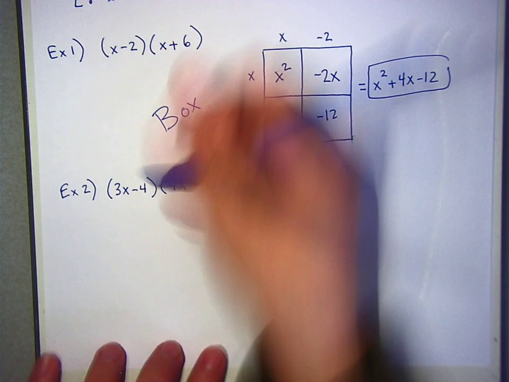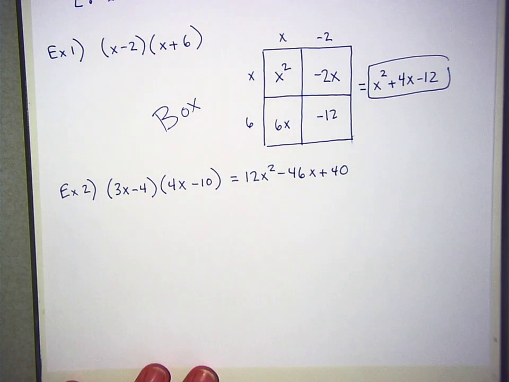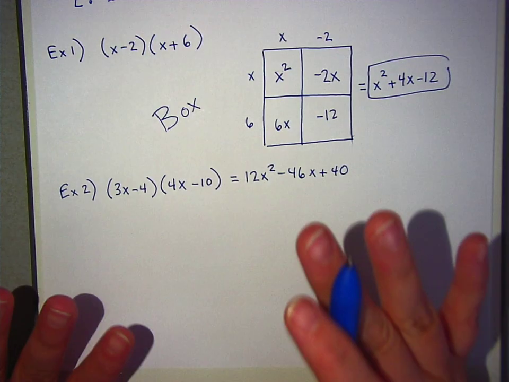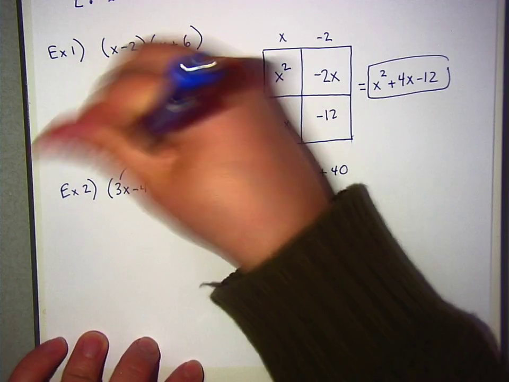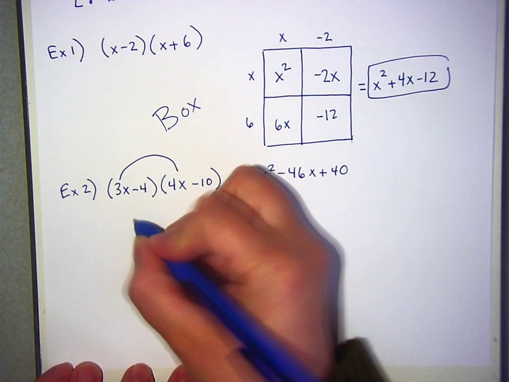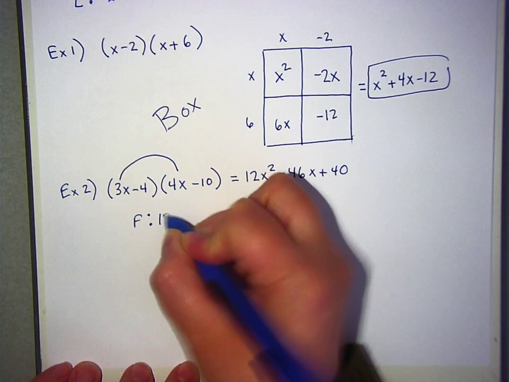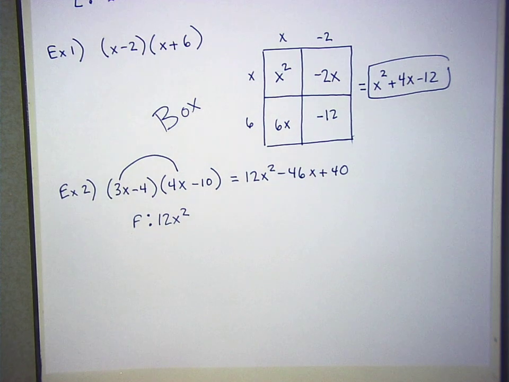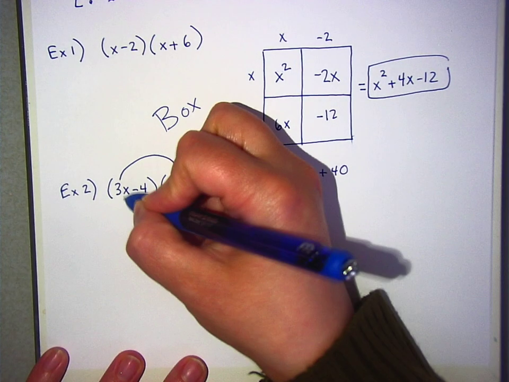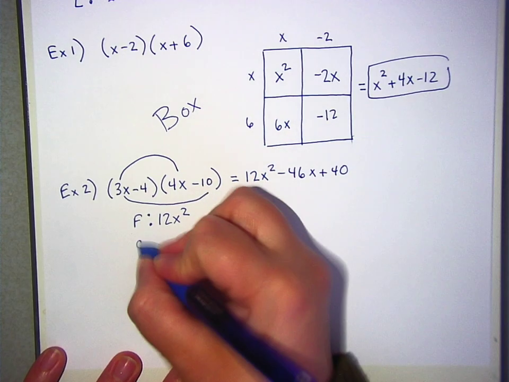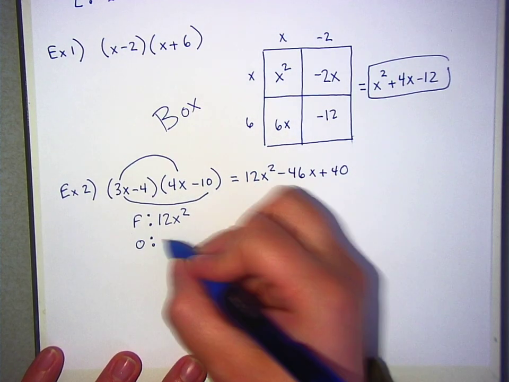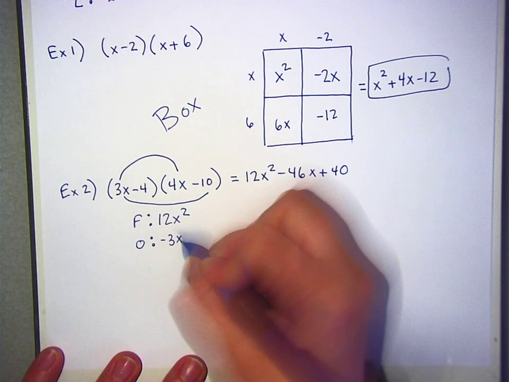FOIL. Okay, so I'm going to try FOIL right now. If you did box, you're going to get the exact same numbers, right? So the first number for FOIL, for F, is 12x squared. You should also have a 12x squared in that box, probably the top left corner. Outer are these two, which is 3x times negative 10, or negative 30x.